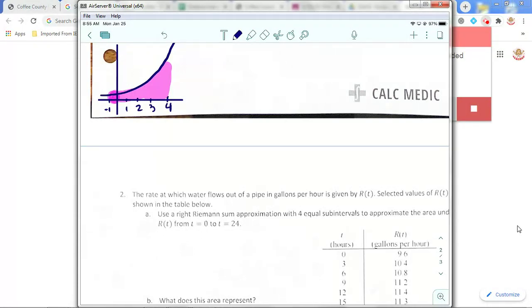Maybe let me change colors. About right here. I'm going to draw a rectangle that's the height. Then the midpoint between 0 and 1 would be about right here, so I draw a rectangle with that height. Then I would just continue this.